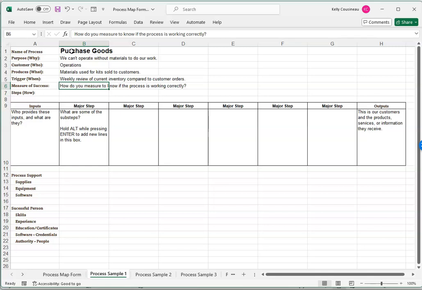And then how do you know if it's working correctly, this process? So my experience with purchasing is stock outs. Ideally, you never want to be out of stock to fill a customer order. Another thing in this organization or with this task, you might want to have is spend trend. And this is going to vary completely based on your organization and your finances and so forth. But let's just say a percent of product cost.